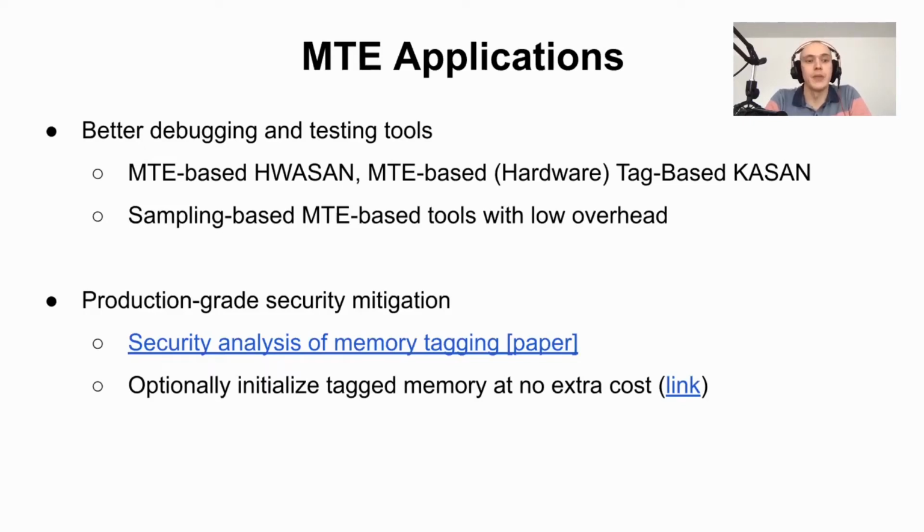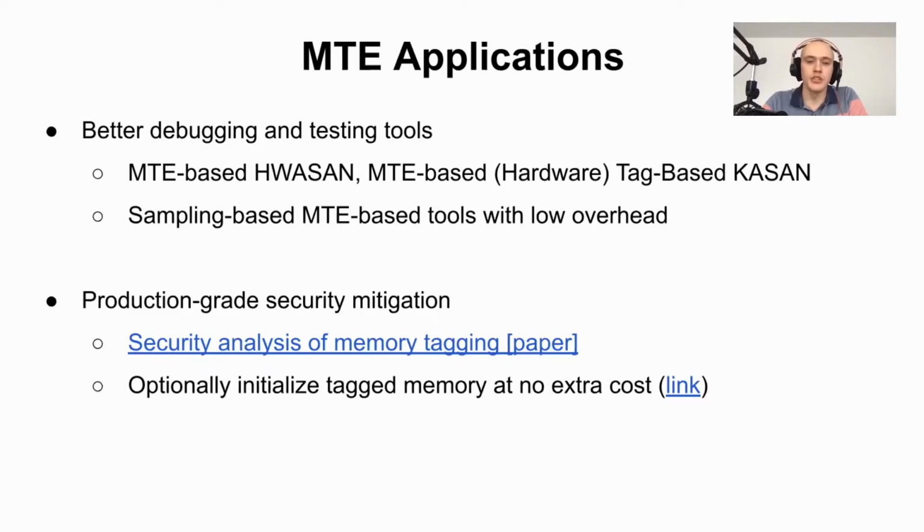for example. The second application is using MTE as a security mitigation, and it can be used in the kernel and in user space. I highly recommend looking at this paper by Microsoft, where they try to figure out what kind of exploitation techniques memory tagging protects from.